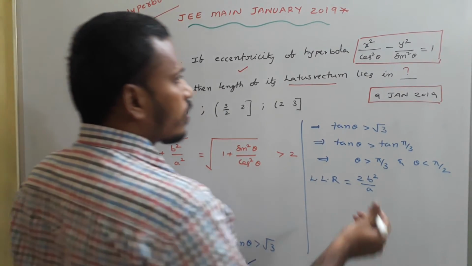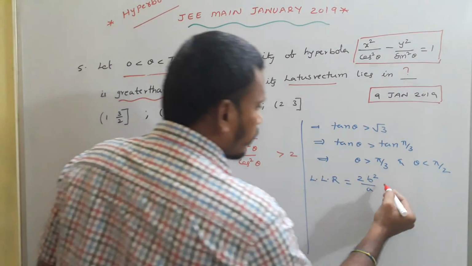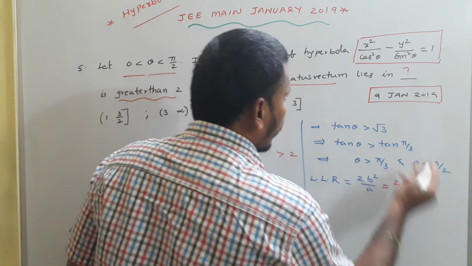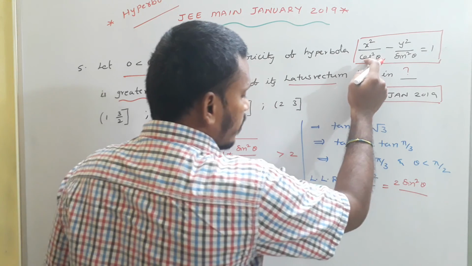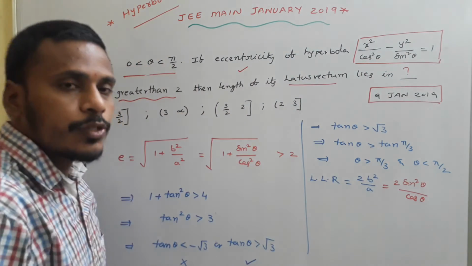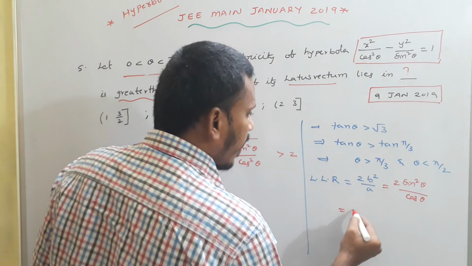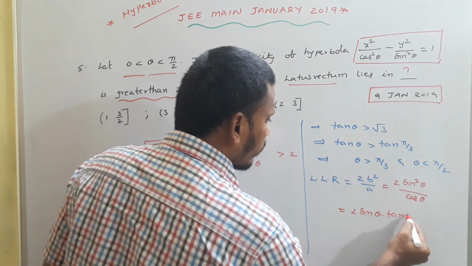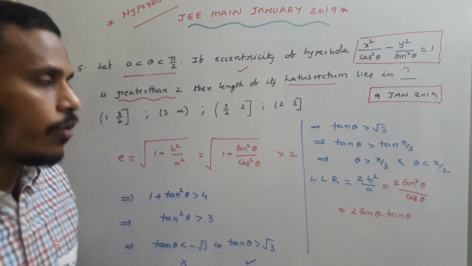So b square is sin square theta. A is what? Cos theta. So that is equal to 2 sin square theta divided by, see this x square denominator is a square, so I need only a, which is cos theta. 2 sin square theta by cos theta can be written as 2 sin theta into tan theta.